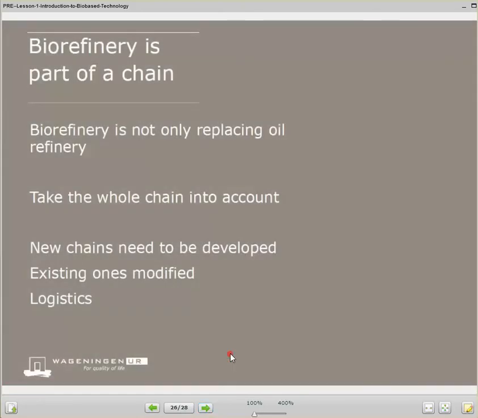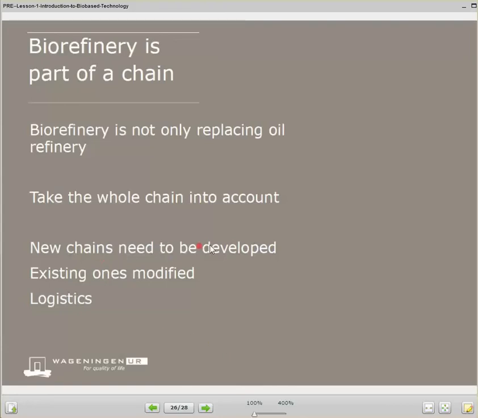There's a few more slides, getting towards the end. Biorefinery is part of a chain, and definitely in your homework, which you'll be doing for assignment 1, that will be hopefully very well explained. There's a website you'll be using. It's very much a chain. So it's not only replacing oil refinery, you have to take the entire chain into account.